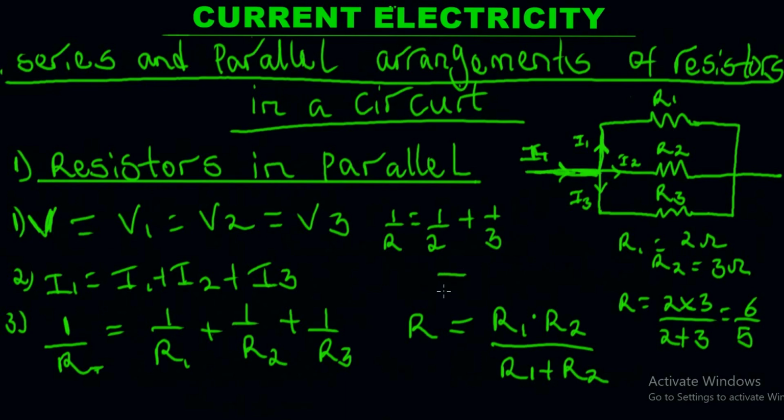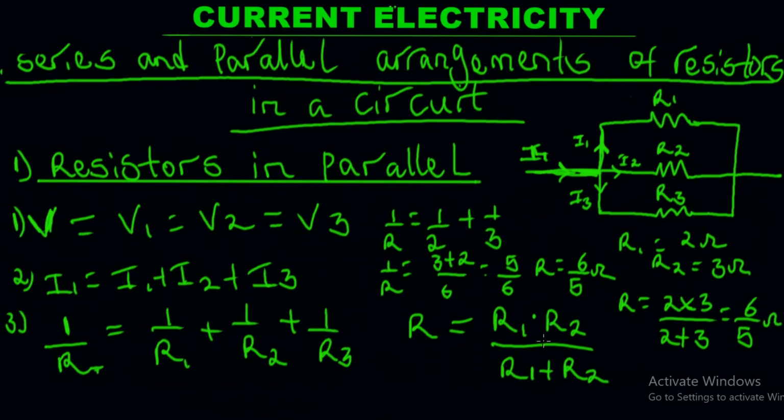Taking the LCM, we'll have 6, so this is 3 plus 2 over 6, giving 1 over R equals 5 over 6. Since this is 1 over R and we want R, taking the reciprocal gives us 6 over 5 ohms.